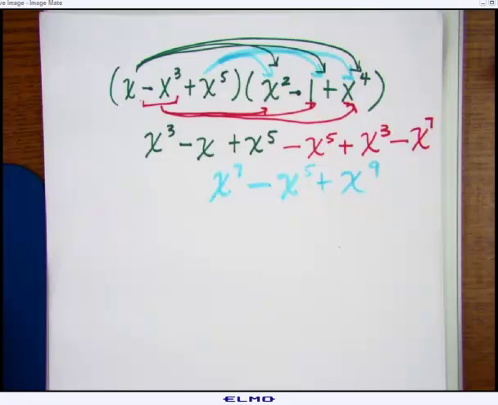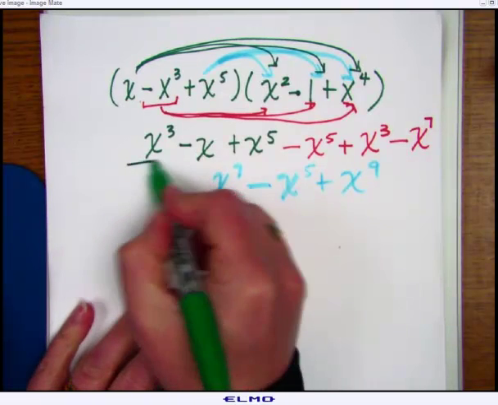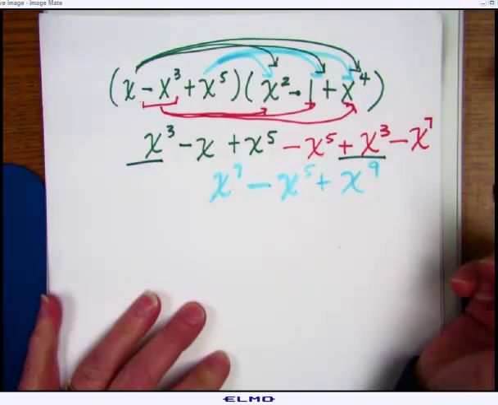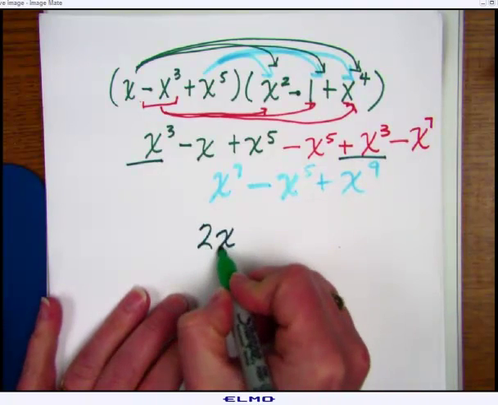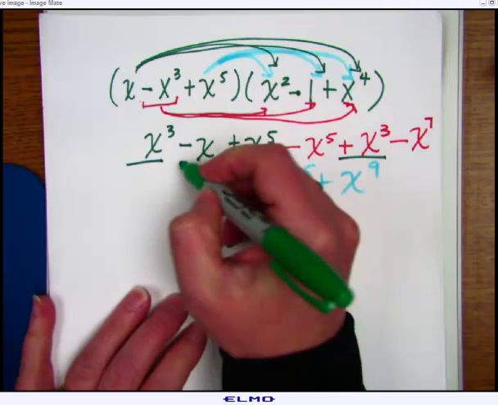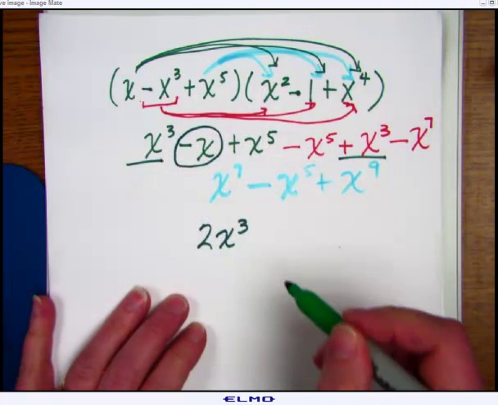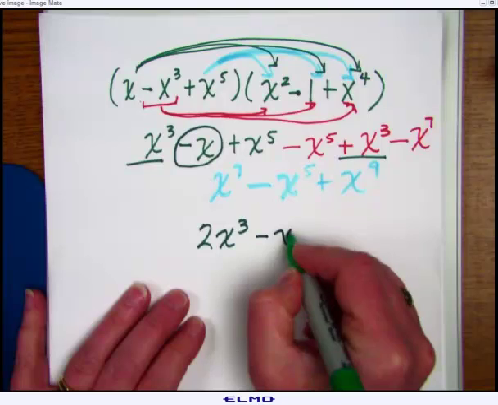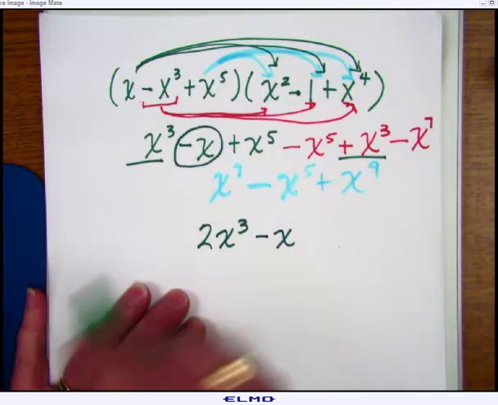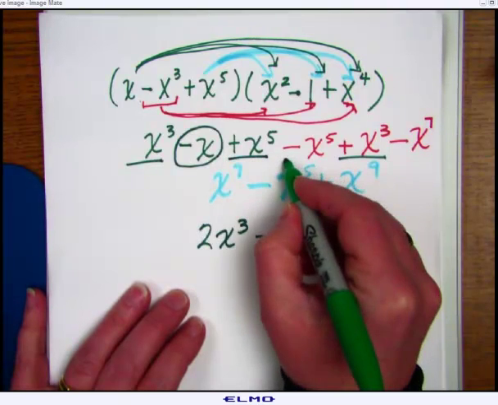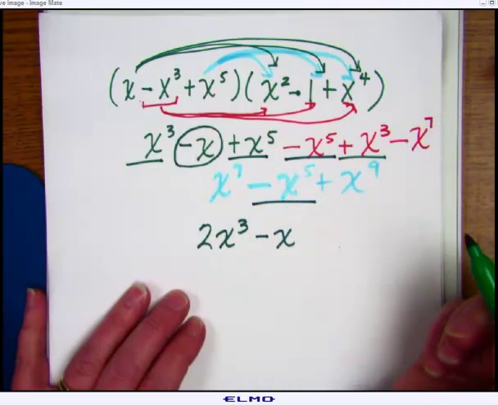And now all I need to do is collect like terms. Okay, I have an x cubed and an x cubed, so that's going to give me 2x cubed. I've got a minus x. I can't really combine that with anything, so I get minus x. I've got a plus x to the fifth, a minus x to the fifth, and another minus x to the fifth.